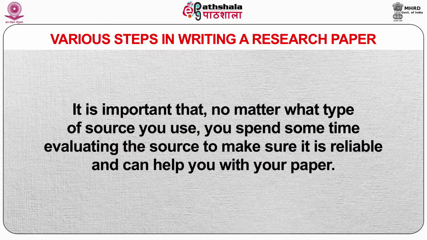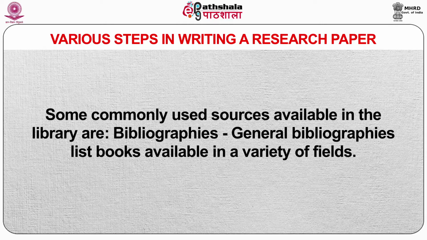It is important that no matter what type of sources are used, the researcher should spend some time evaluating the source to make sure it is reliable and can help in developing the research paper. Some commonly used resources available in the library are bibliographies. General bibliographies list books which are available in a variety of fields.